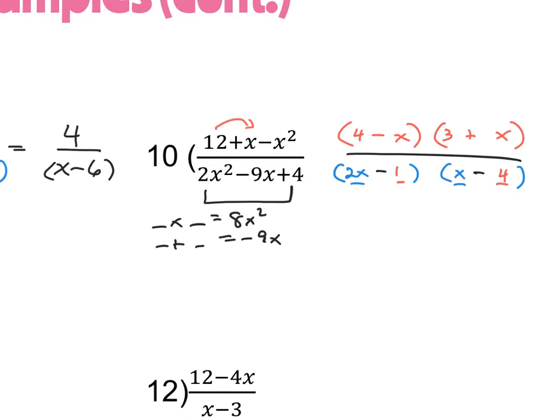So again, we're adding to negative 9, so 1 and 8, and they're both negative. So rewrite the first term, replace the middle, and then rewrite the 4 on the end. Then factor by grouping.